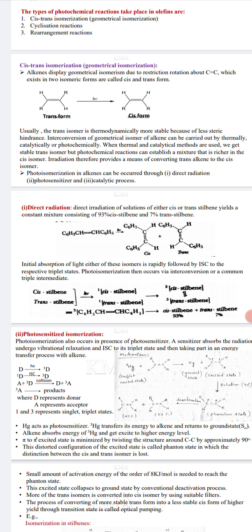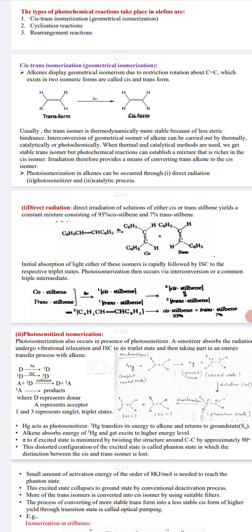So irradiation provides a means of converting trans alkene to the cis isomer. Photoisomerism of alkenes can be carried out through 3 types: direct radiation, photosensitizer and catalytic process.